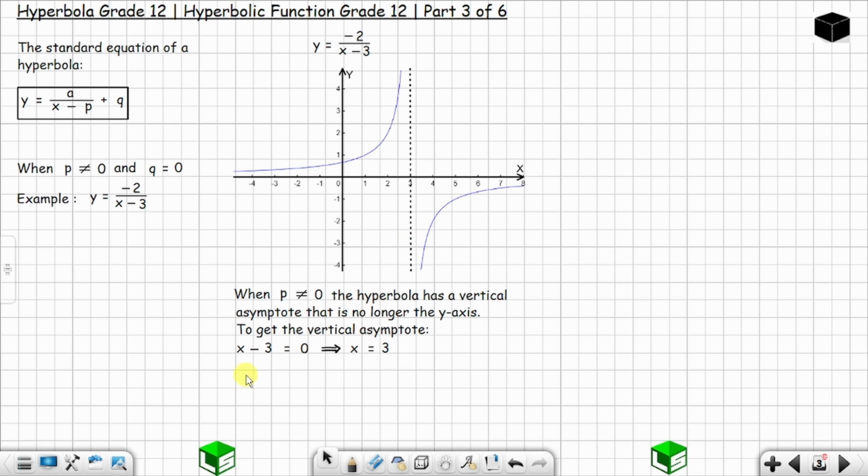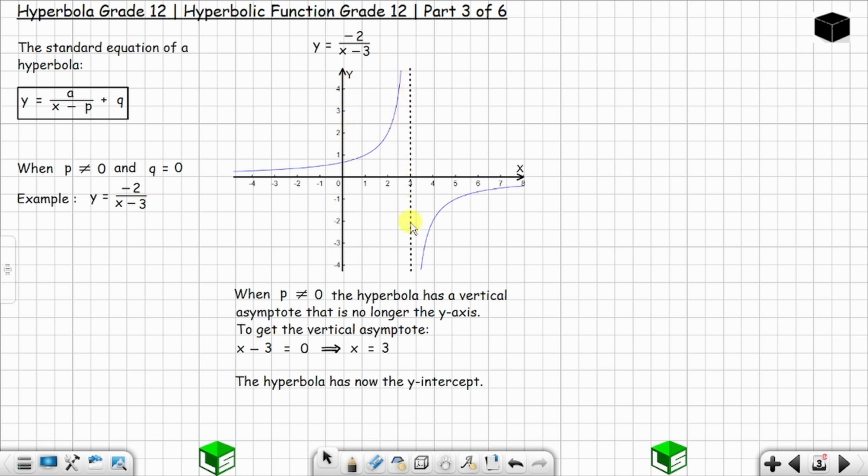Now, you have to see that the hyperbola has now the y-intercept. You can see it cutting the y-axis at that point, because the y-axis is no longer acting as the vertical asymptote.